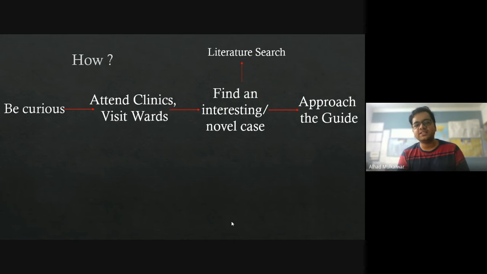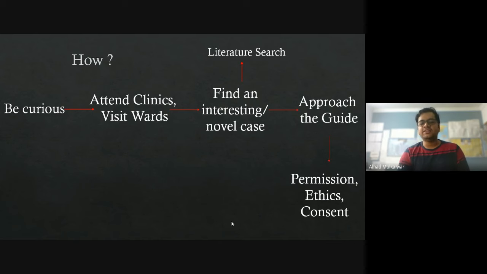What this does is that it creates a very good impression in the mind of the guide, and they say, okay, you know what, this child looks serious, this child is going to stick with the project all the way, and so this is something I should invest my time in. Fine. And then there are all these logistic things: you have to take the permission from the guide, if it's a multidisciplinary thing, the other departments, the ethics permission comes into play, the consent, the documentation, and all these things.